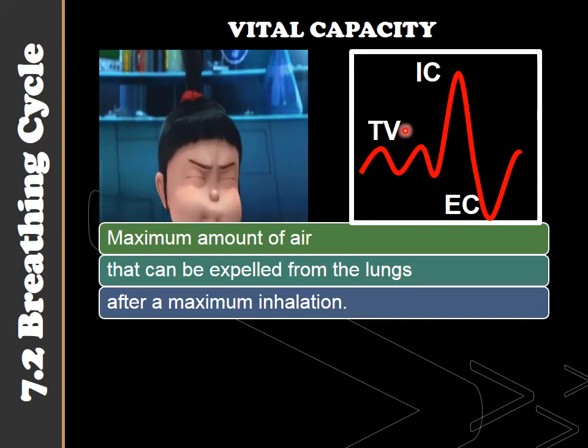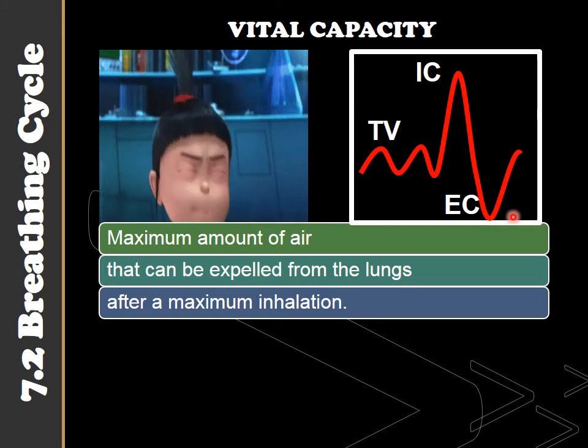You have the tidal volume, inspiratory capacity and expiratory capacity. So vital capacity is actually, when we say maximum amount of air, from the peak of the inspiratory capacity to the bottom of the expiratory capacity. So that is the maximum amount of air.